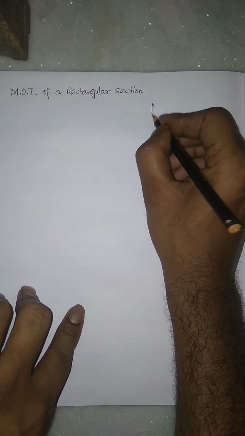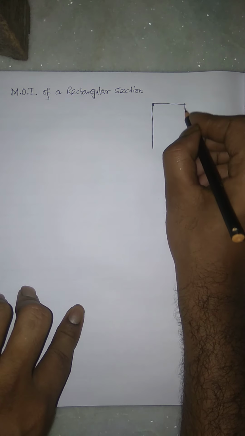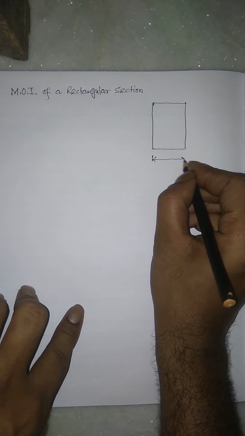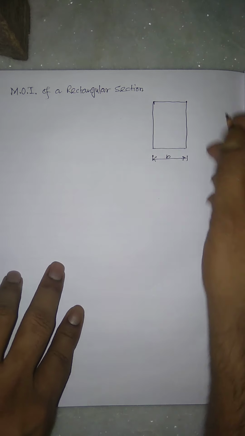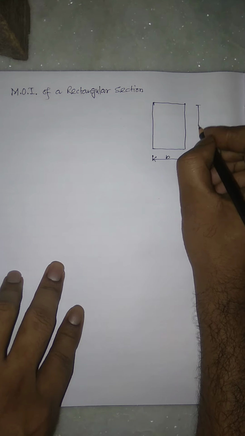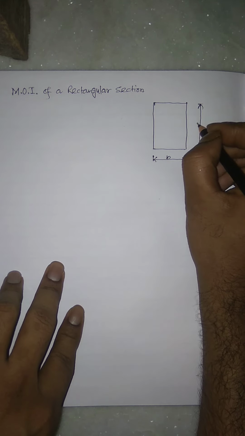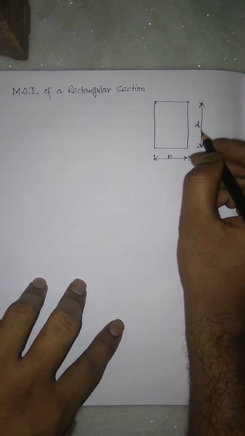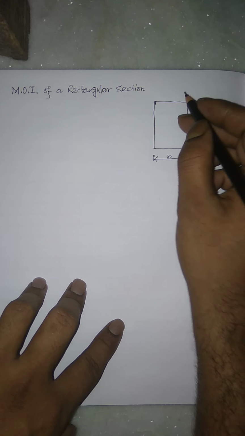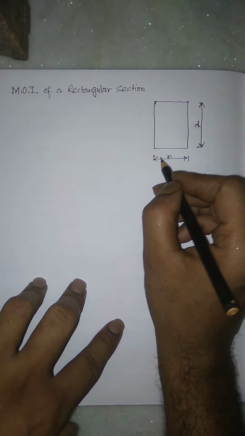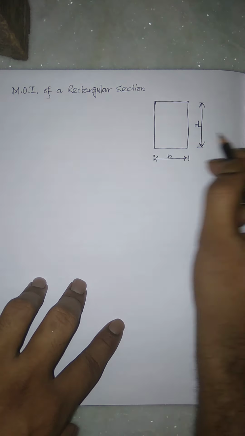First draw a rectangular section. This is a rectangular section whose width is B and the depth is D. The CG of this rectangular section should be half of the depth from either side, the top or bottom, and half of the width from either side, left or right.